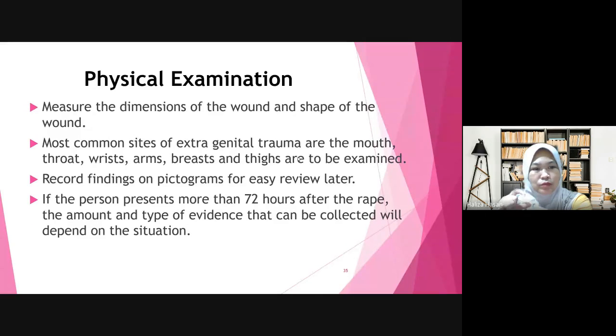Also they have to measure the dimension of the wound and the shape of the wound. Okay, for example, the size 2 inch, 2 cm or 1 cm, they will need to assess, need to document properly, or accurately.